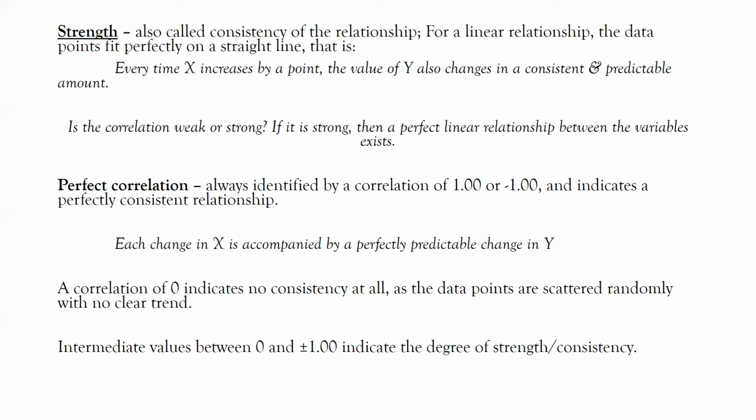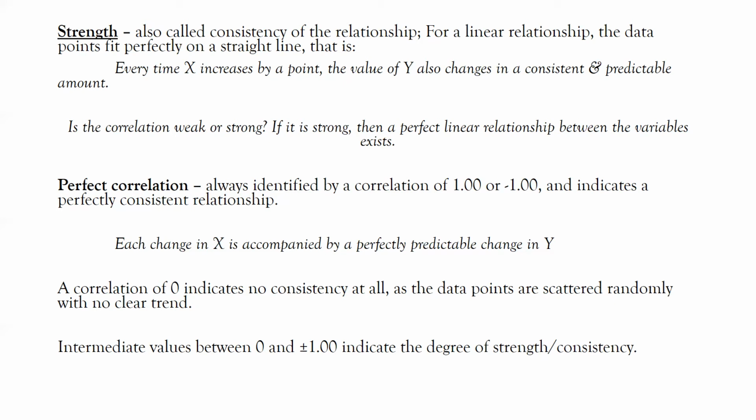And that's a perfect correlation, which is always identified by a correlation value or correlation coefficient of positive 1 or negative 1. As I've said, if it is a perfectly positive correlation, that's a positive 1.00. If it's a perfectly negative correlation, an inverse relationship, it's a negative 1.00.